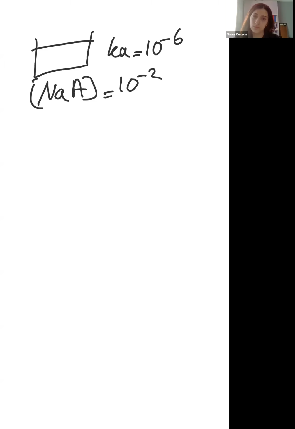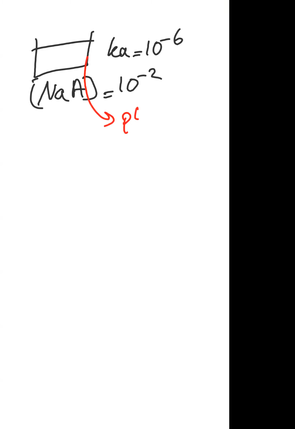I just want you to calculate what the pH value is for this weak acid buffer solution. Since I'm such a polite teacher, I'm going to write down the equation for this weak acid hydrolysis. Then we will end up with HA and OH minus, but the rest depends on you.